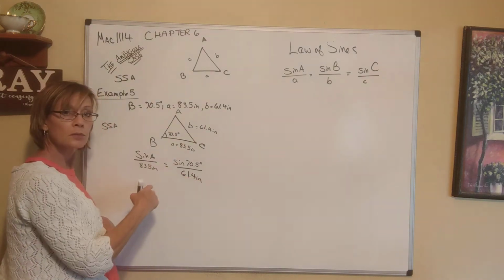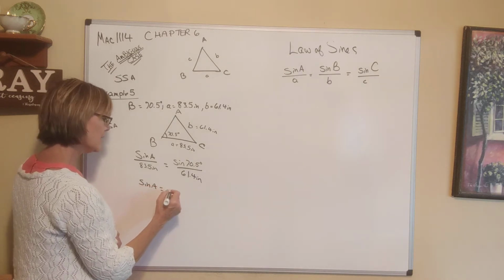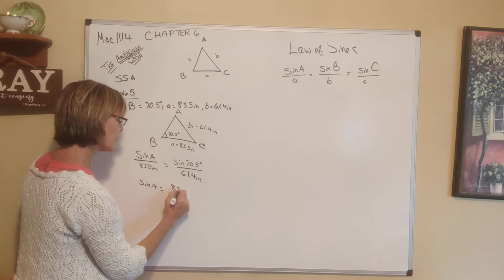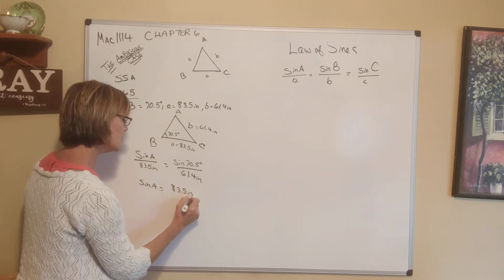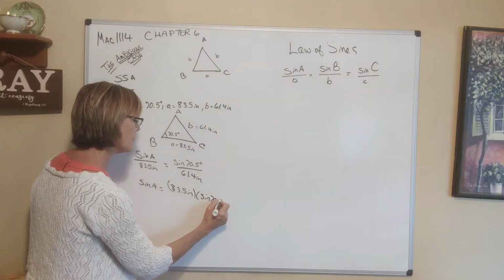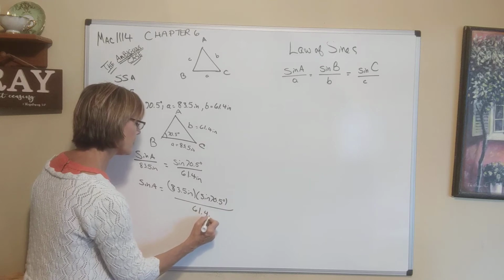And we'll cross multiply, and we'll find that the sine of A is equal to 83.5 inches times the sine of 70.5 degrees divided by 61.4 inches.